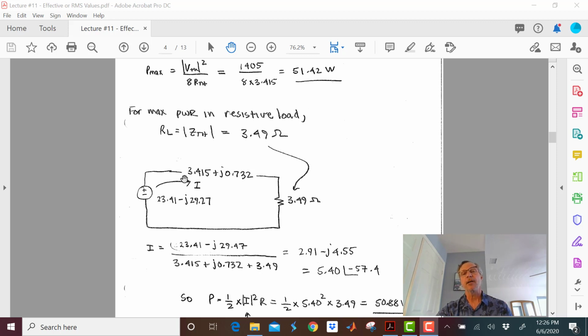So that's why if you're doing a problem like this, just take a look and say, is this thing even worth matching? In this case, it wasn't. So just practical stuff for you to remember.